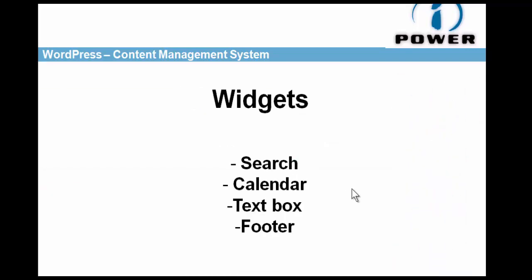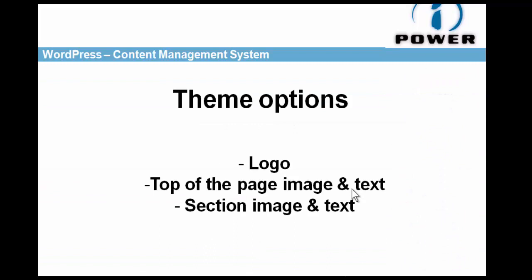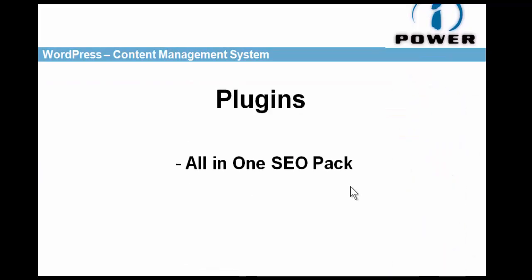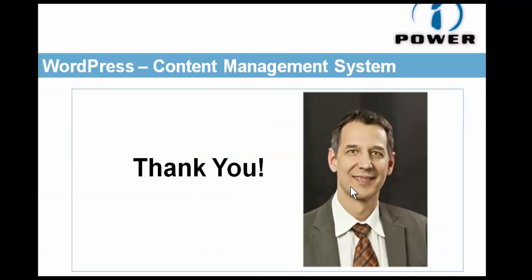Also how to deal with the widgets, for example, search, calendar, text box, footers, and everything. And finally, how to deal with theme options, how to change the logo and the text and images on the site, and how to deal with plugins, where we used one example, the All-in-One SEO Pack plugin. Thank you very much for listening and keep learning.